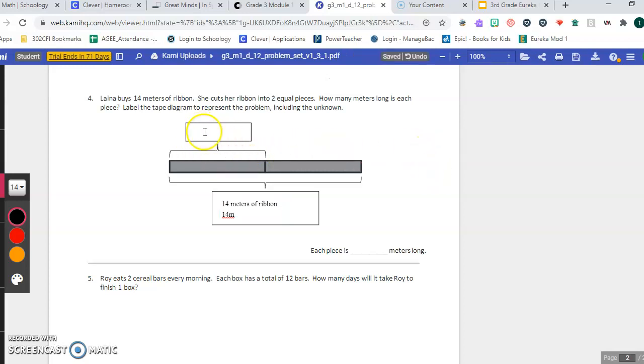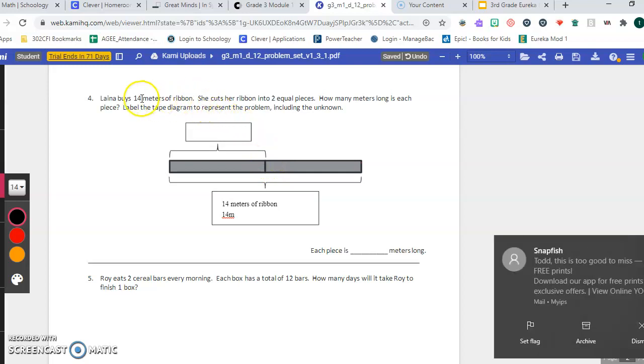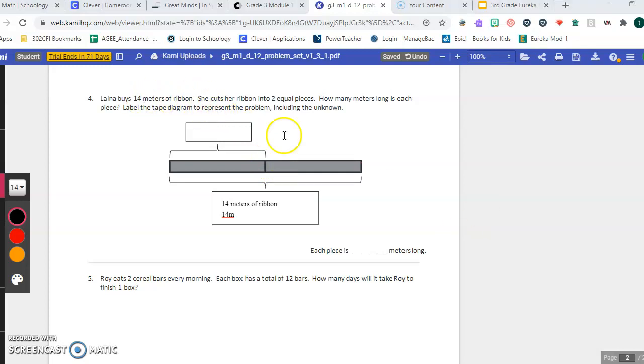Now, up here, I'm looking at, okay, I better read the rest of the problem, right? So I know that the total is 14 meters. She cuts her ribbon into 2 equal pieces. Now, that's the same thing as dividing in half or dividing by 2. So she's taking the total 14 and dividing by 2.